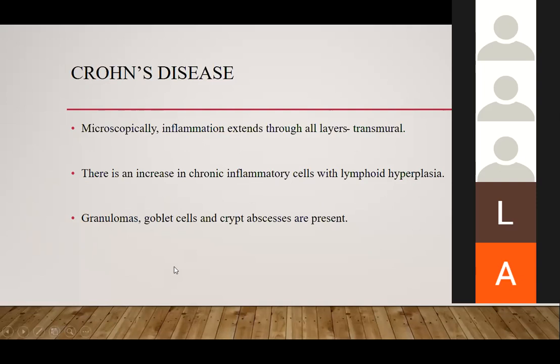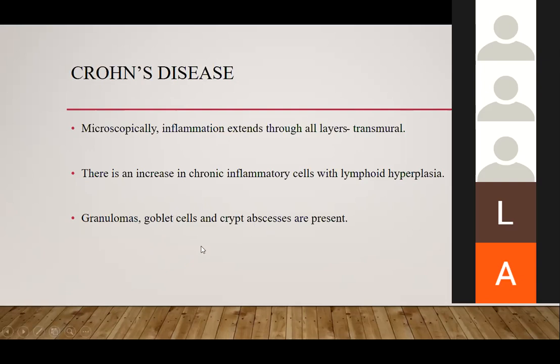And then we have goblet cells, which are responsible for producing mucus in the normal GIT. In Crohn's disease, granulomas are present, goblet cells are present, and crypt abscesses are present.